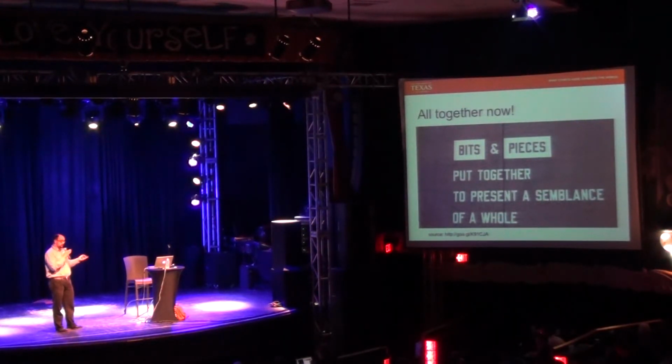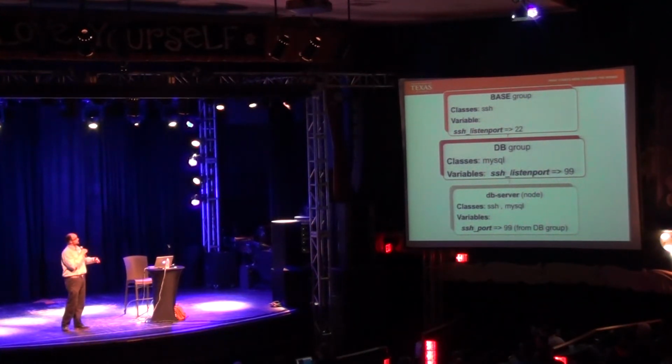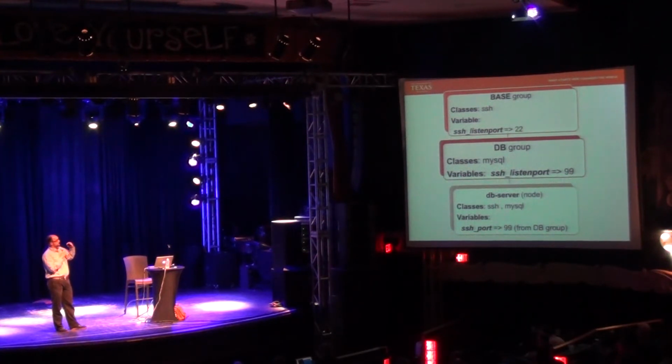So taking those building blocks, we'll put that together and see what that looks like. This is basically that example all put together. You can take your base group, apply your SSH and your default port, and then your database group can add on another class, and modify that listen port, and then at the end, you get a server that's configured with both classes and the new variable.